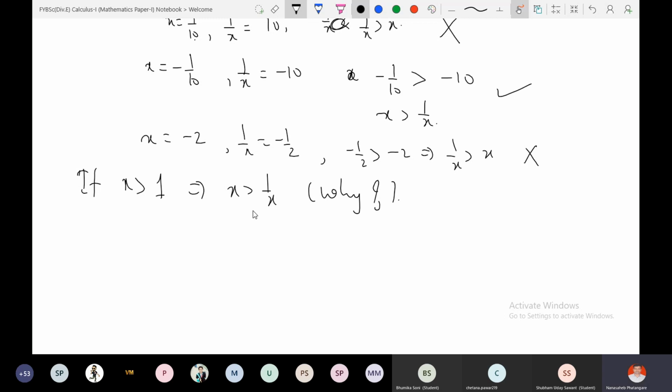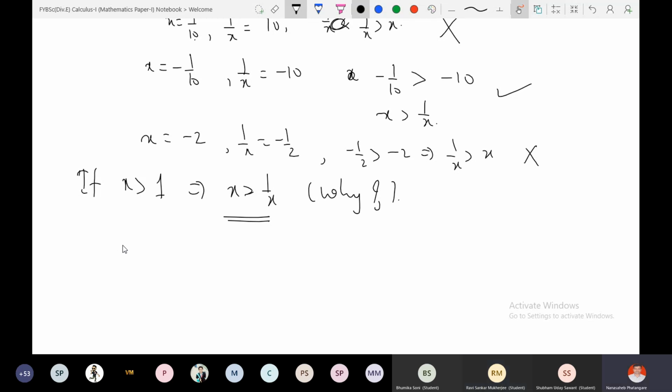So if x is greater than 1, then 1 by x is less than x. That we need to prove. Suppose you want to prove this, how will you be proving this? We can use the multiplicative identity here.